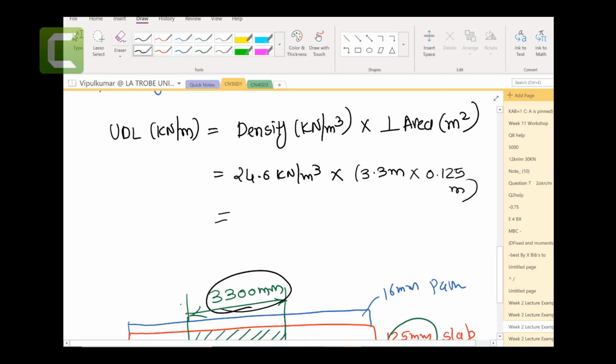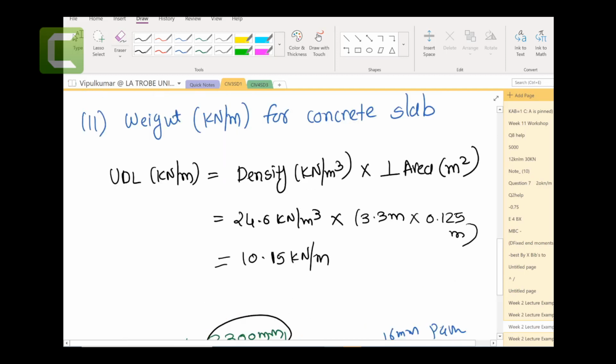So the slab is going to apply 10.15 kilonewton per meter load. That is the second one.